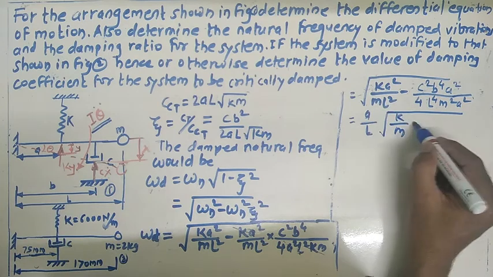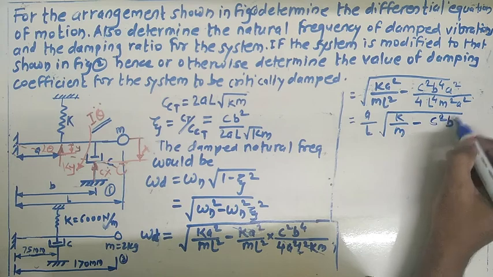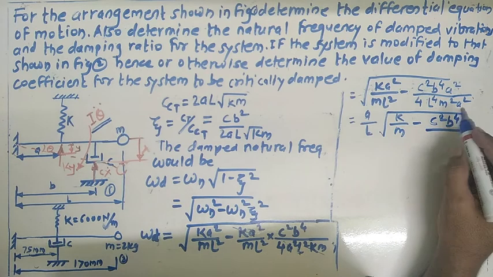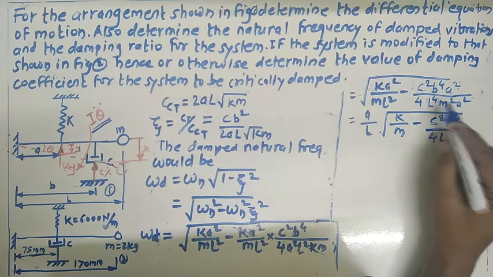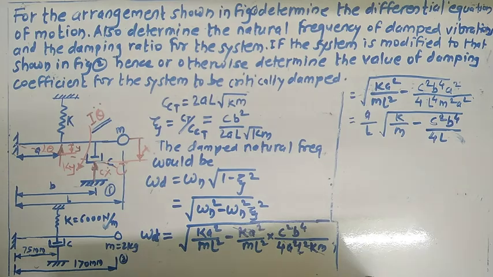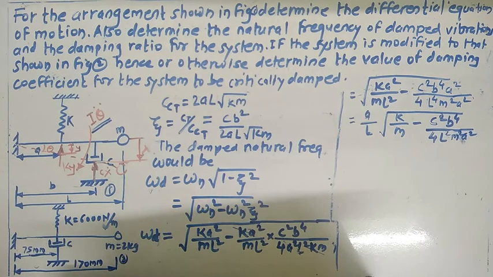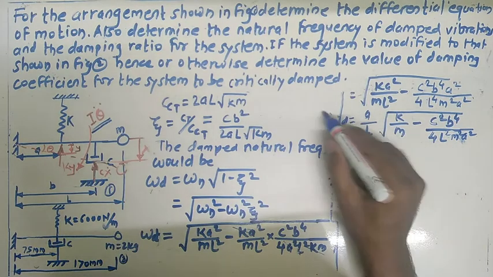In the next part, c square into b raised to 4 divided by 4, l square already taken common, so l square into m square into a square remains. In this way we get the damped natural frequency relation.